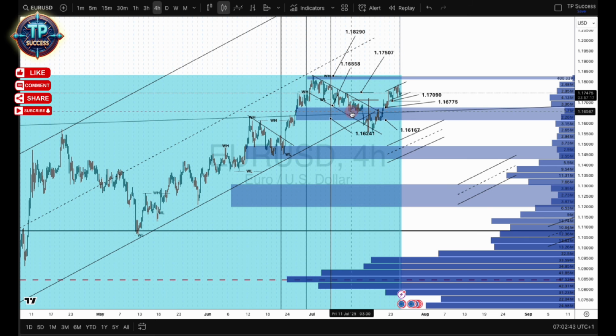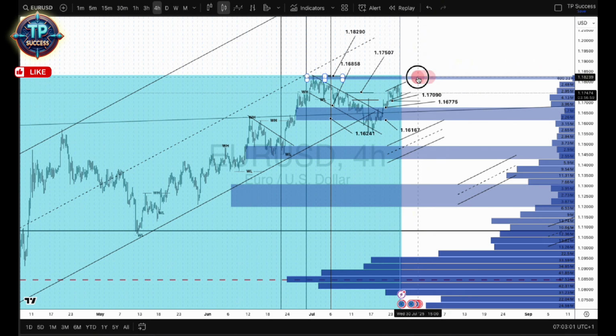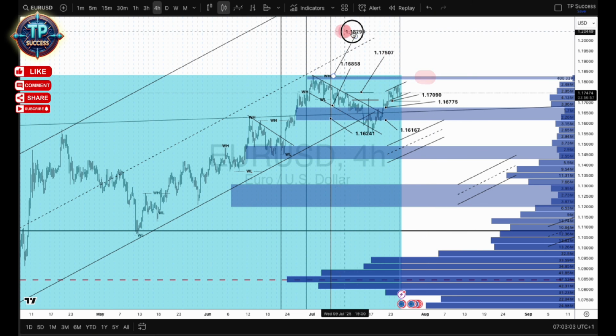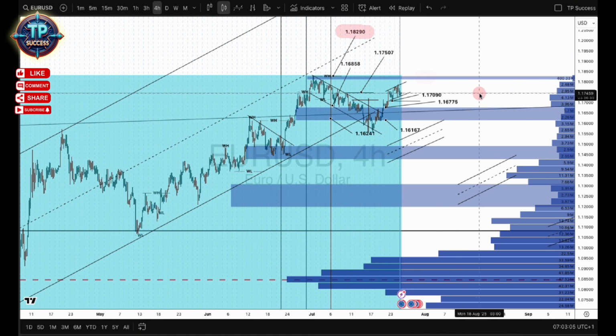Now, on the flip side of a push to the upside, bearing in mind where price is, okay? If you're confident price is going to go up, I don't know why you would, but if you are, I wouldn't take anything in this area even though it is a discounted price. I would wait for price to close above the low volume node on the high side, and the price point we're looking at is this price point right here, and that will be 1.18290, right?